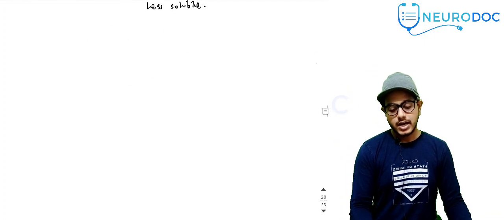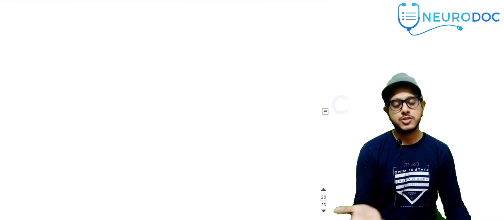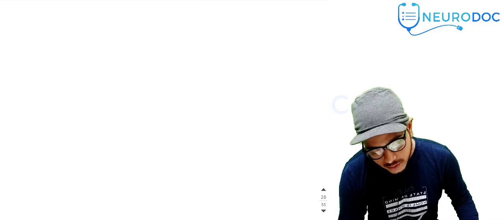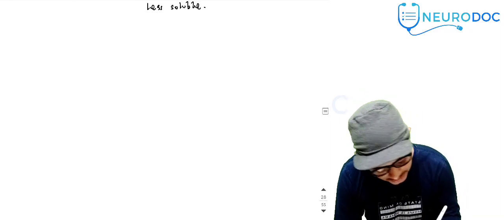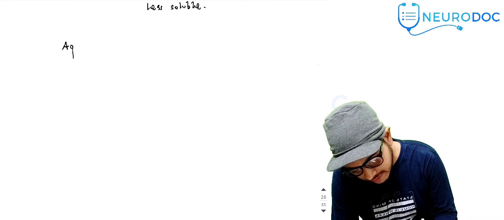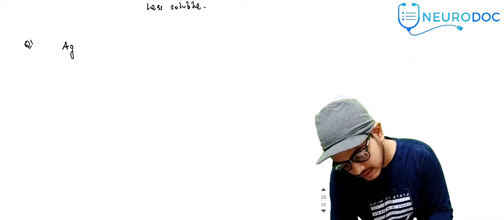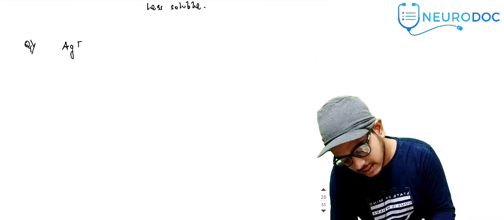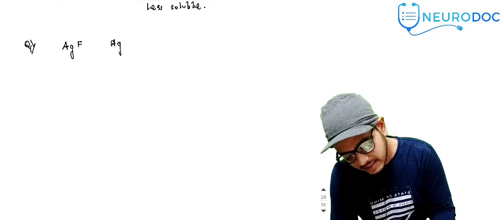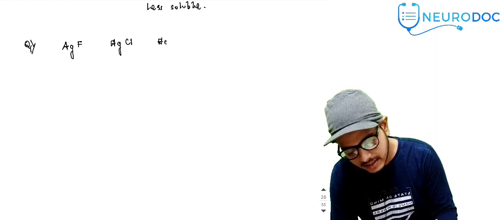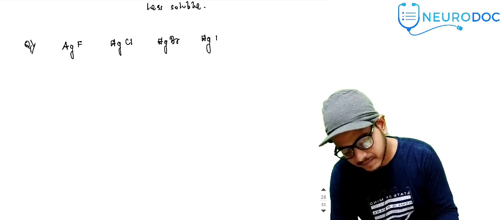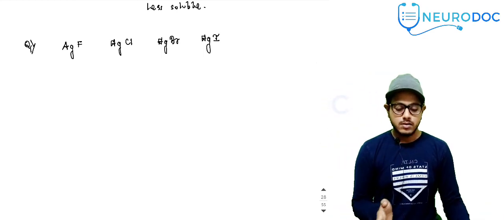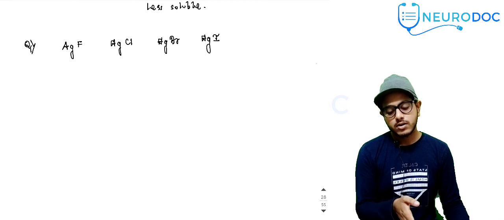Okay. Now again, the last application, that was color imparting nature. You see that if I take 4 compounds like AgF, AgCl, AgBr and AgI, where the covalent character is more?